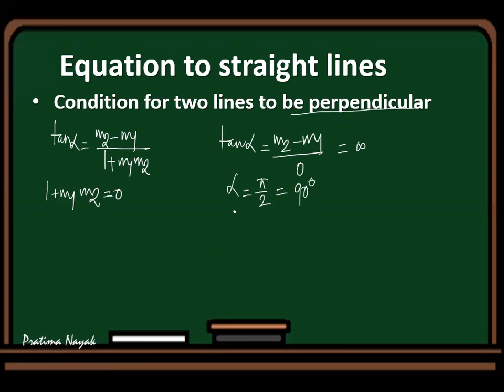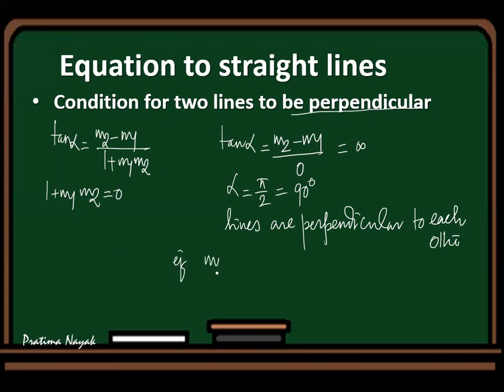So what condition am I getting? I am getting that lines are perpendicular to each other. So this is the condition. Lines are perpendicular to each other if m1 into m2 plus 1 is 0, or m1 into m2 is equal to minus 1, or m2 is equal to minus 1 by m1.